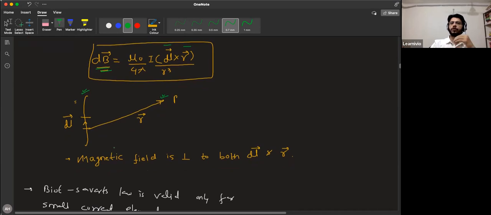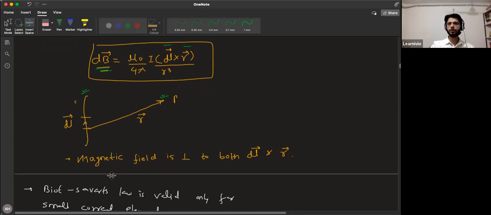Now, to decide whether it would be outwards or inwards, we have several rules. Here we will use the right hand thumb rule.